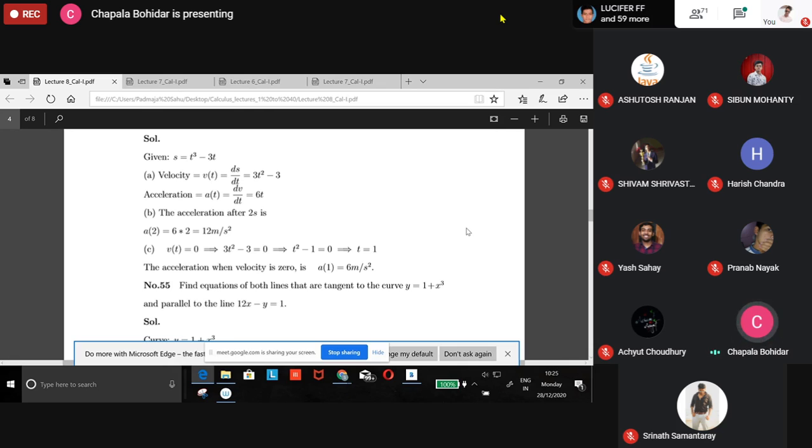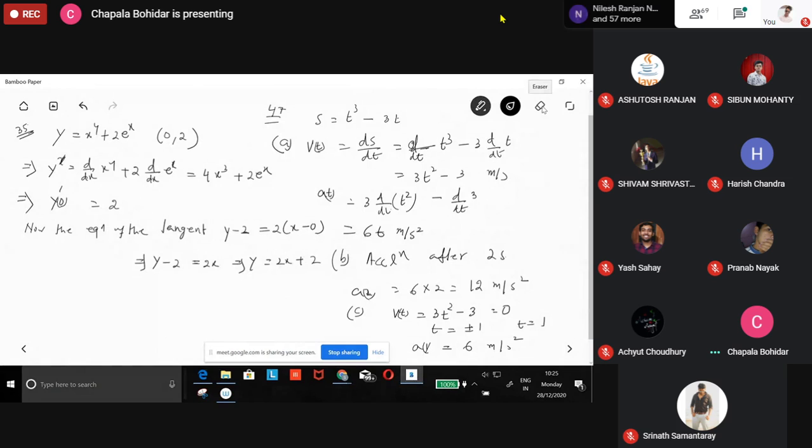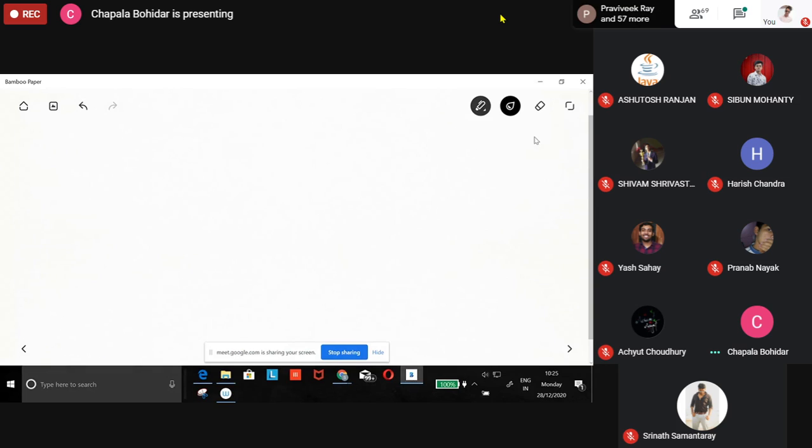Find equations of both lines that are tangent to the curve y is equal to 1 plus x cube and parallel to the line 12x minus y equal to 1. So what is the question?